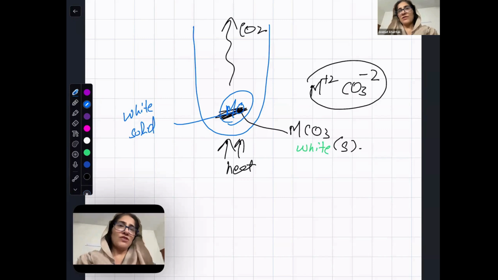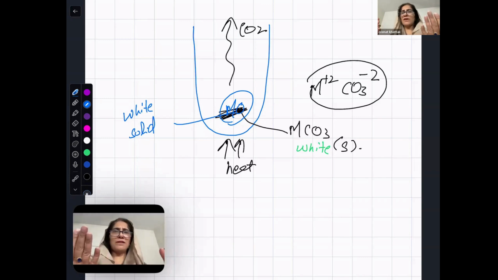In one of the past papers, they asked, what is your observation when you decompose a group 2 carbonate? You are heating a white solid, and even after decomposition, there is a white solid. You can't see carbon dioxide. You can see carbon dioxide when it comes out of a liquid, aqueous medium, where you will see bubbles. But you can't see carbon dioxide coming out of a solid. Can you see carbon dioxide coming out of my mouth?